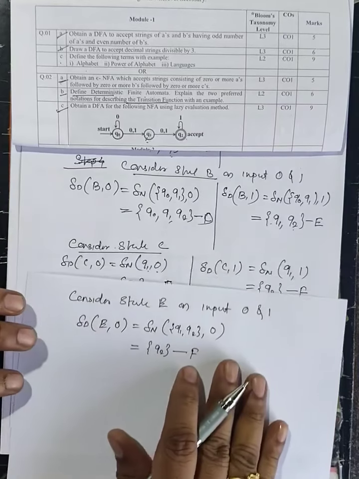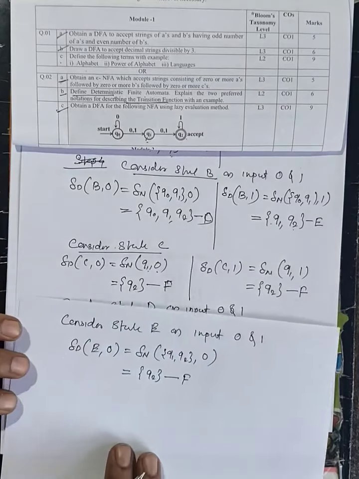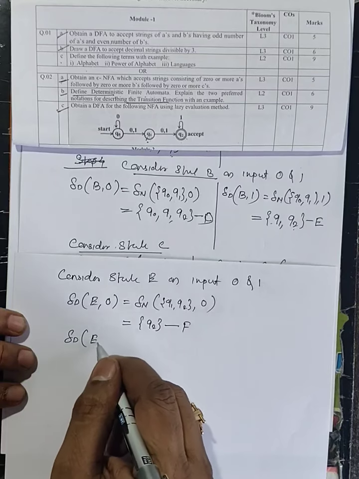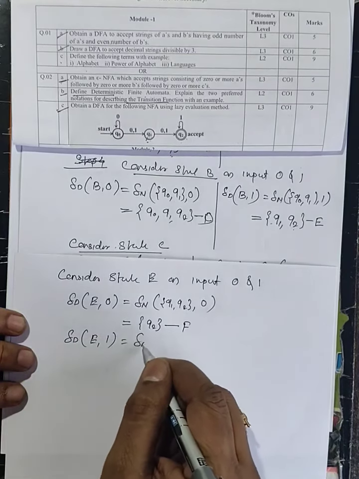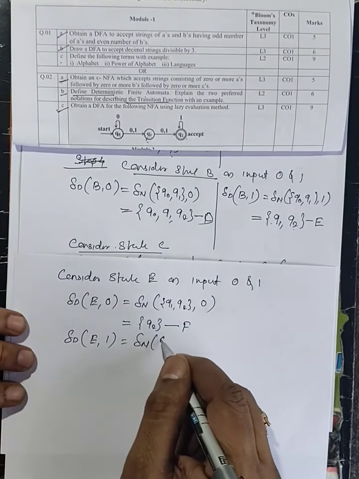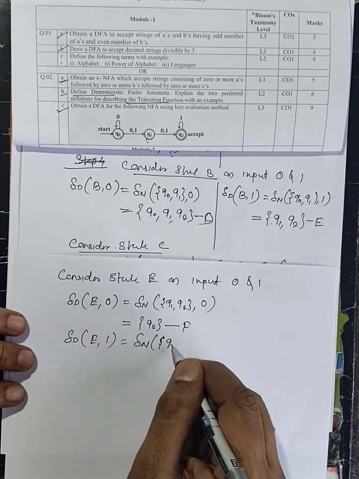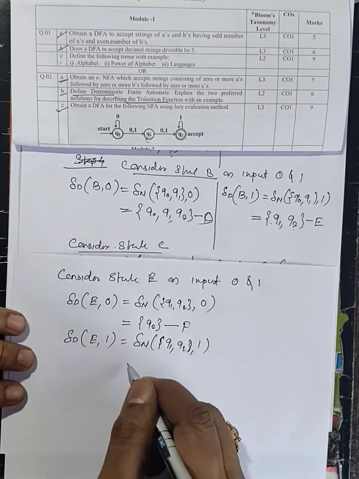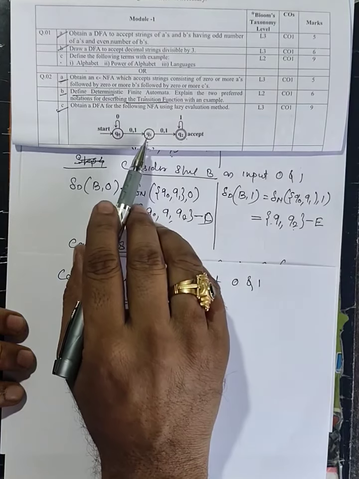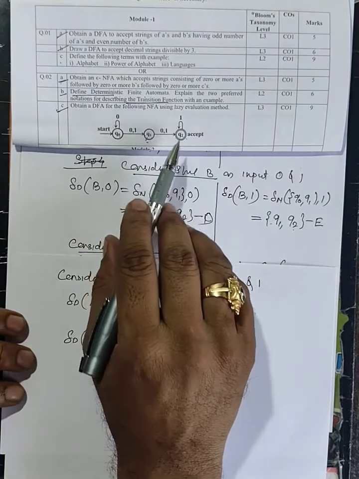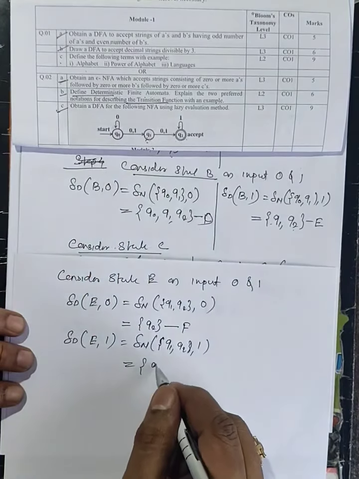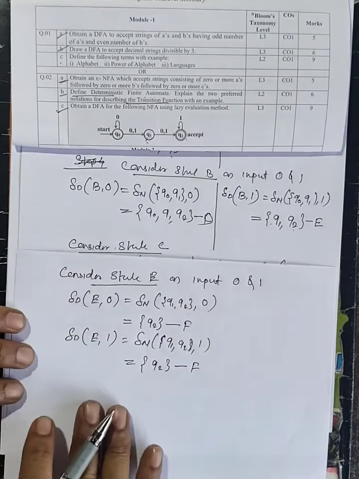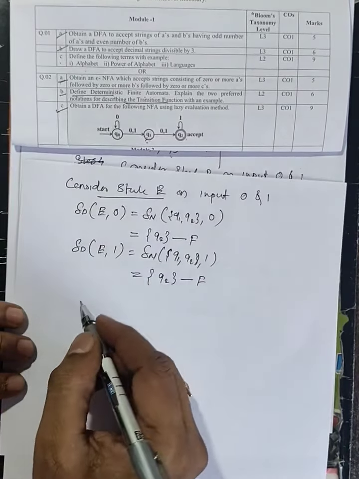For this Q2 we assign F. Next, E on 1. Q1 and Q2 on 1: Q1 on 1 gives Q2, Q2 on 1 gives Q2. This is F. E is over. Last one more, that is F.